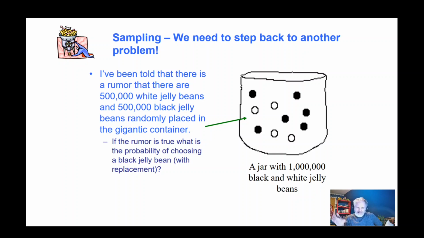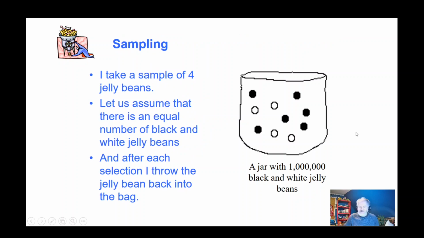And they're worried too that, with all those jelly beans, maybe someone might sneak one and eat one or something. So they've left it up to me to basically run the study, and I'm a bit limited in terms of what I can do. So my sample size is 4. I can only sample 4 jelly beans from that jar. I randomly sample.